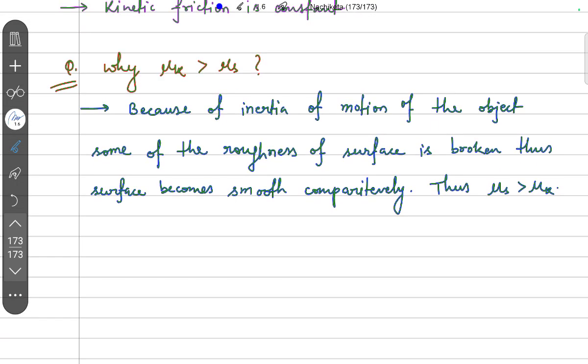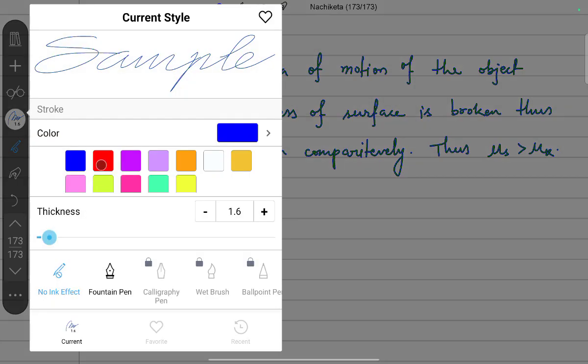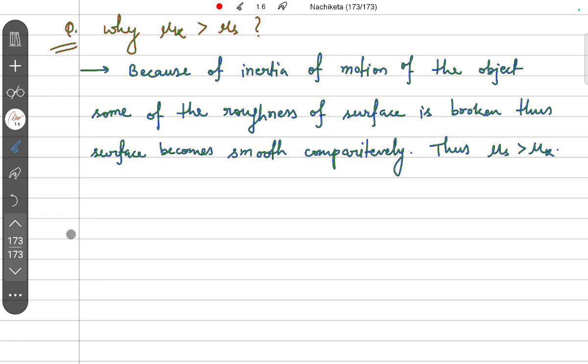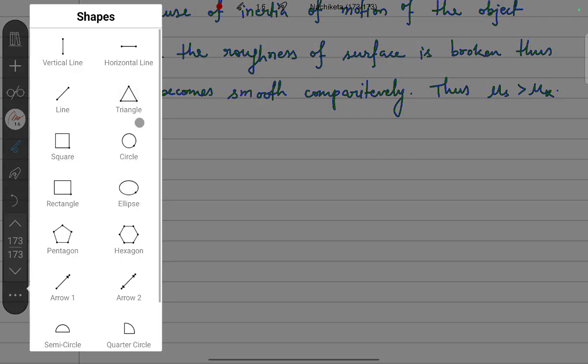Does it make sense? Now we'll take a question to understand the application of kinetic friction and static friction.